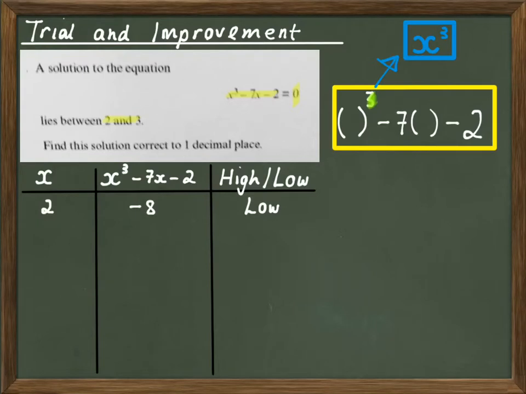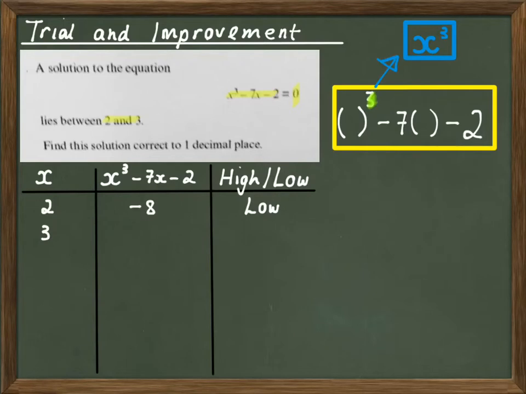Same thing again now, but this time with the other answer they've possibly given us, 3. And without deleting the display again, all I'm going to do is I'm going to press the little cursor button to go back, and everywhere that there's a 2 that I put in place from last time, I'm going to press the yellow delete button, and I'm going to type in 3. So you should have 3 cubed minus 7 brackets 3 minus 2.